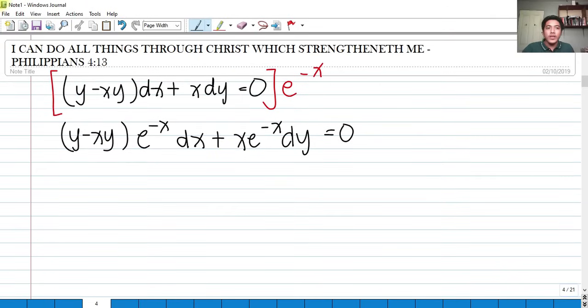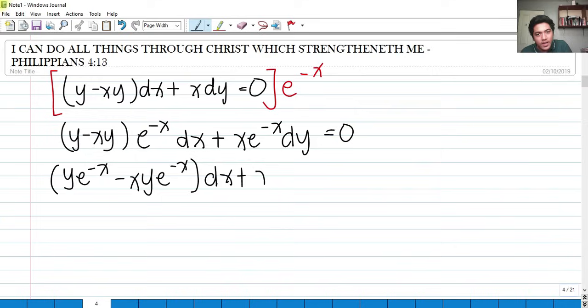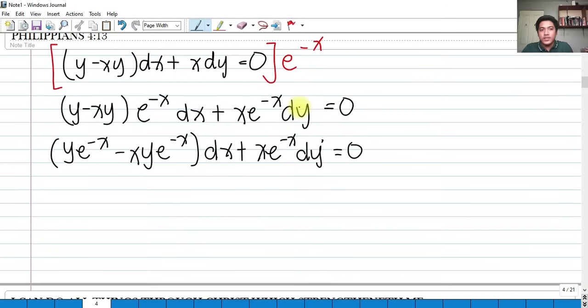Furthermore, if I distribute this e raised to negative x, we have y e raised to negative x minus xy e raised to negative x dx plus x e raised to negative x dy is equal now to 0. We say that we have multiplied the integrating factor e raised to negative x.